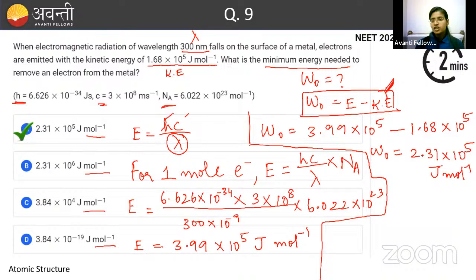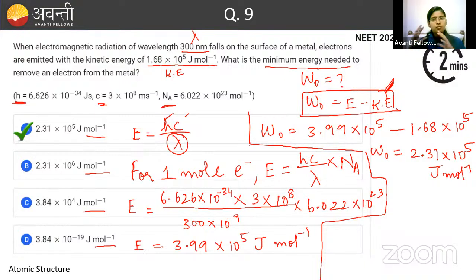Many of you are giving me different answers. Some of you are going for A, some for B, C, D. Option A is the correct answer for this question. What we are doing is concentrating on the formula which has to be applied to get the answer.